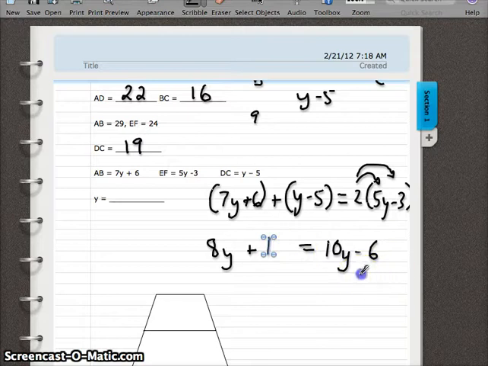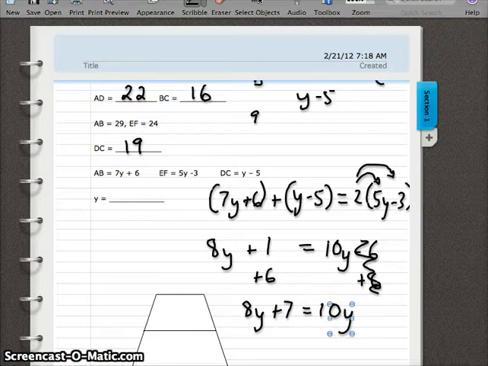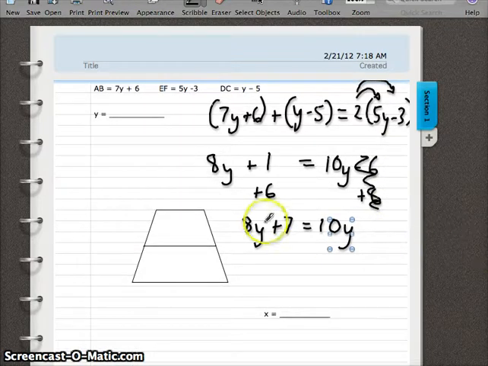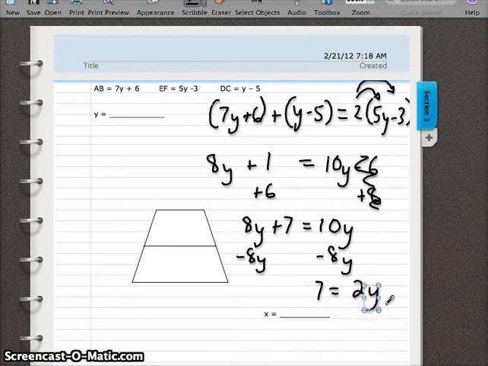We could add 6 to both sides, that gets rid of that. And now we've got 8y plus 7 equals 10y. And subtract 8y. So 7 equals positive 2y, so y equals 7 over 2.